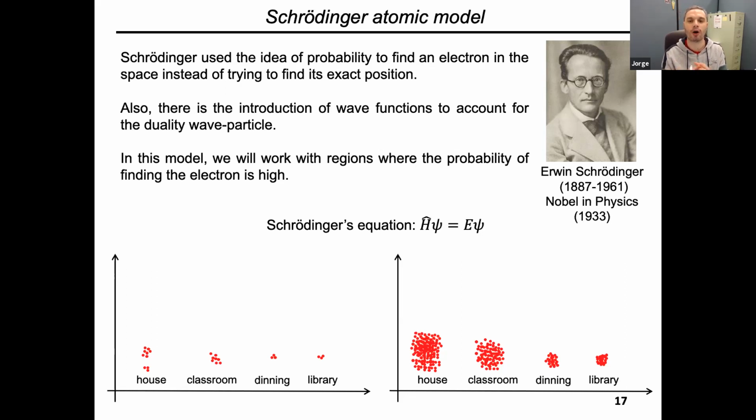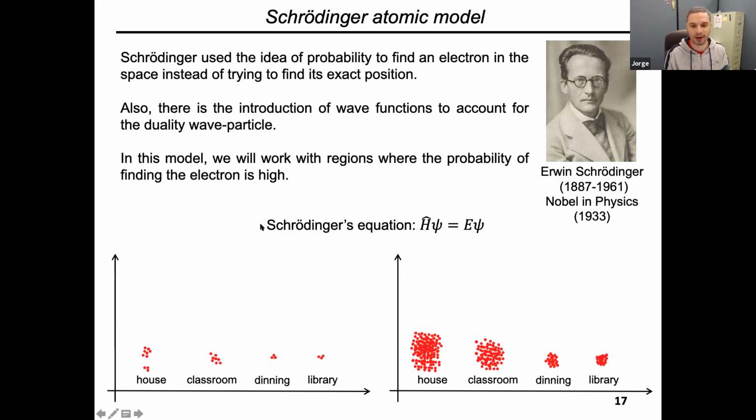So, introduction of wave functions. And in this model, we will work with regions where the probability of finding the electron is high. That's the idea here. We are now going to use probability instead of a defined position.